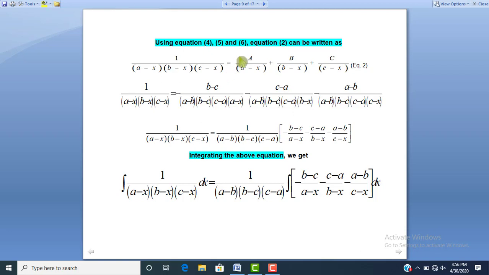When we write the A, B and C values, you can see the left hand side is the same, and A has been replaced with B minus C divided by A minus B into B minus C into C minus A. The area here, which I am showing with a circle by moving the cursor, is the value of A, and the value of A will be written here.